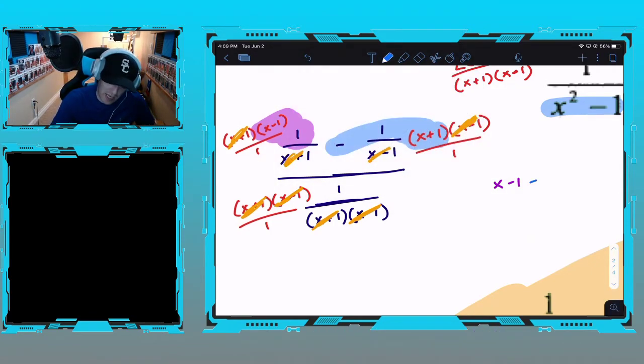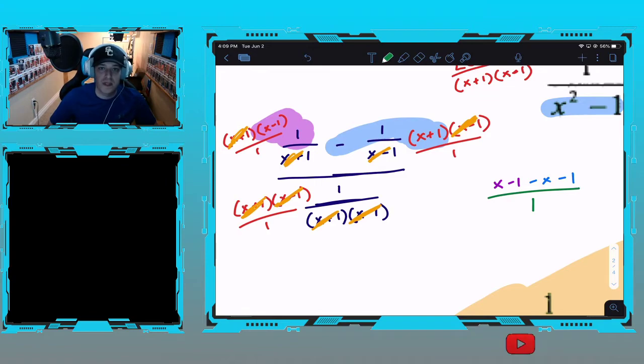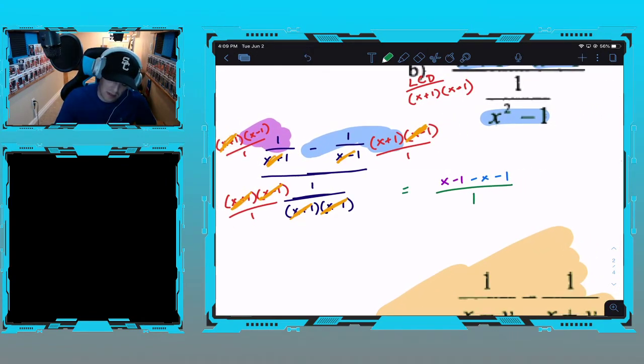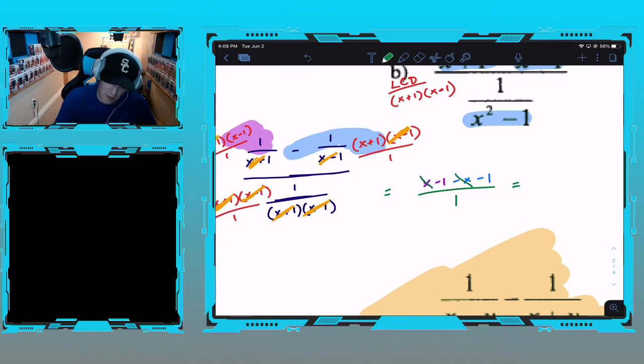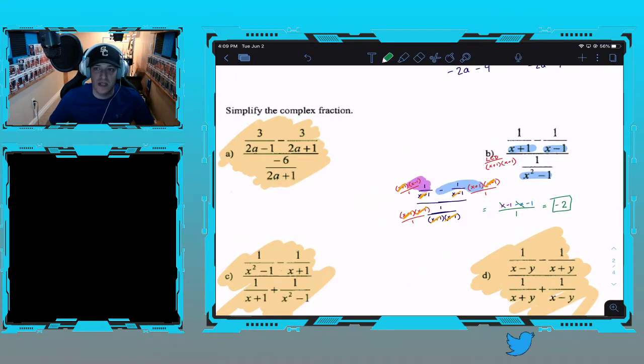So we'll have negative x minus 1 all over, I guess it's just 1. So in this case, if we combine like terms, x minus x is just going to cancel out. And then we have negative 1 and negative 1, which is negative 2. And that one's completely reduced already, so there's nothing else we have to do.